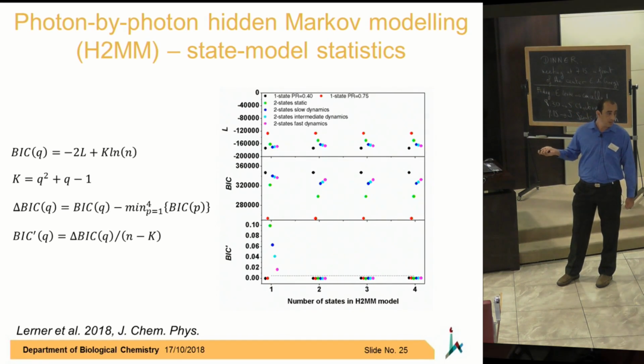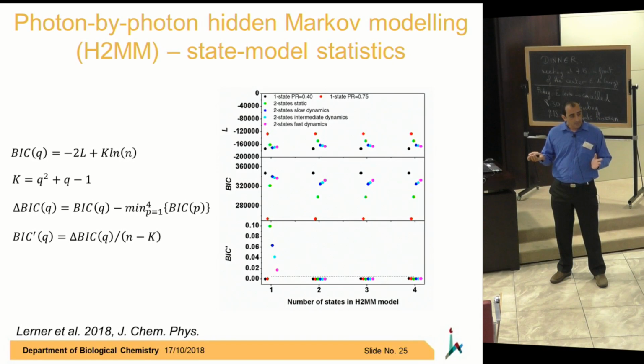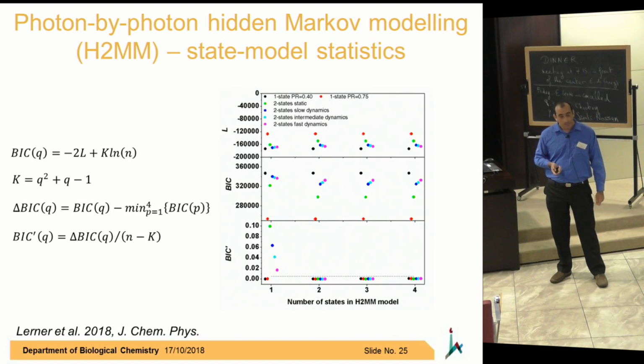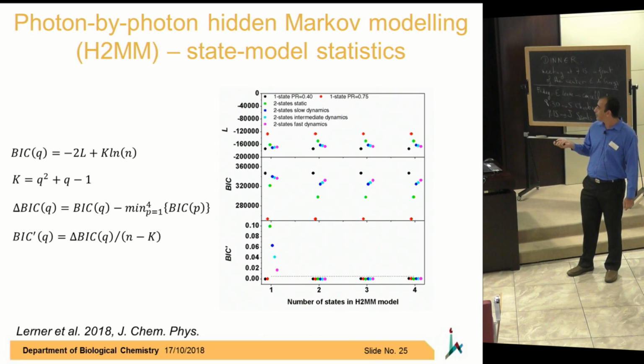How did you derive the BIC prime? Oh, so you have the series of photons? Yeah, but the formula itself, divided by n minus k, how did you derive that? I have the BIC per given model, and I also have the minimal BIC out of all the different model comparisons I did.